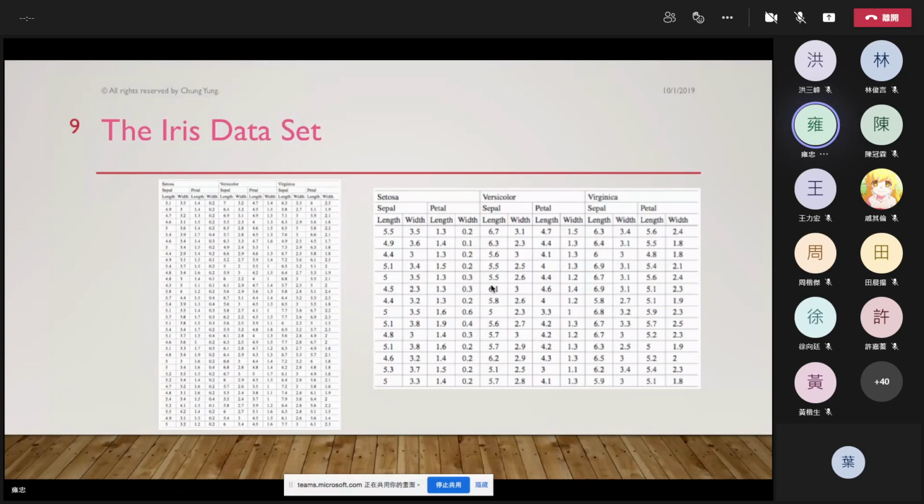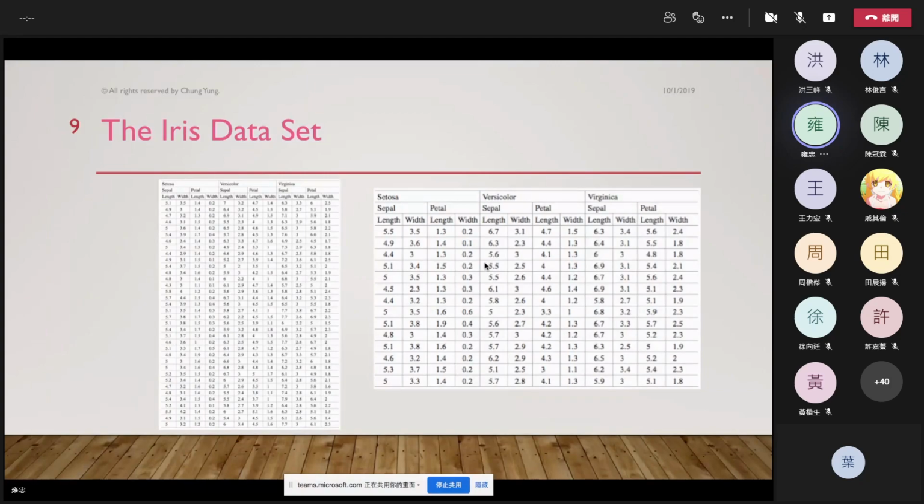For example, for the data on the right hand side, because the figure is larger, you can read the numbers. The figure on the left hand side is a little bit small, but you can see the figure in the textbook. Okay, let's look at the right hand side and try to find the irregular data on the fourth column, the width of petal of setosa.